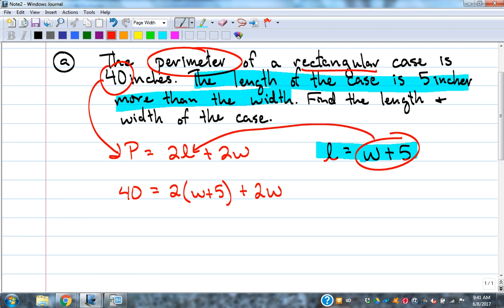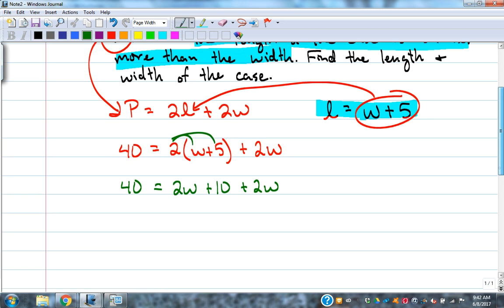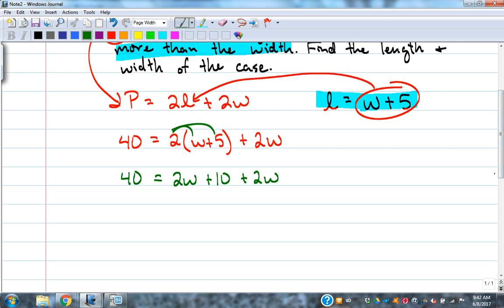So what's my first step to do this equation here? Yeah, good. Distribute the 2. And then what?